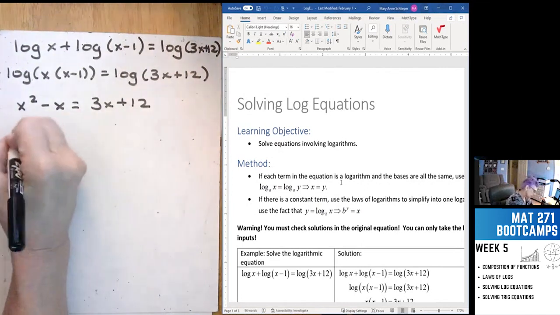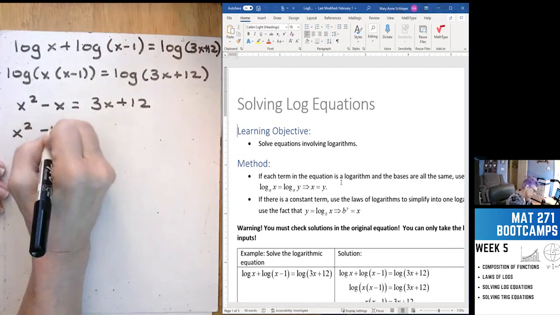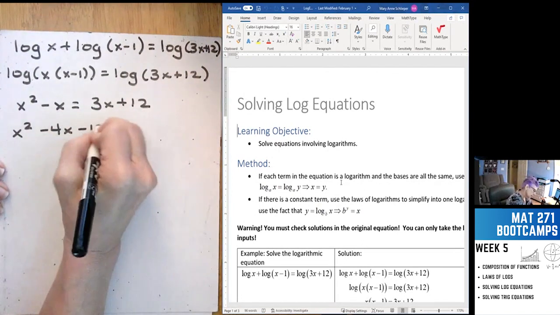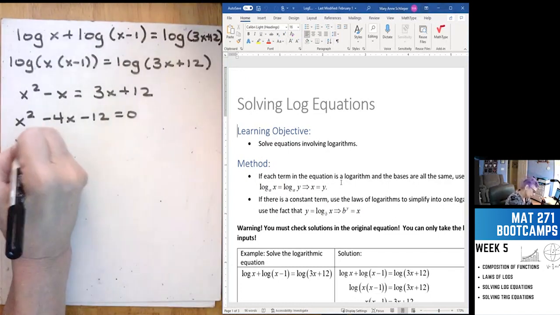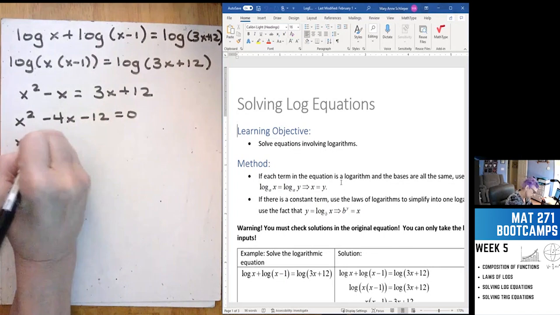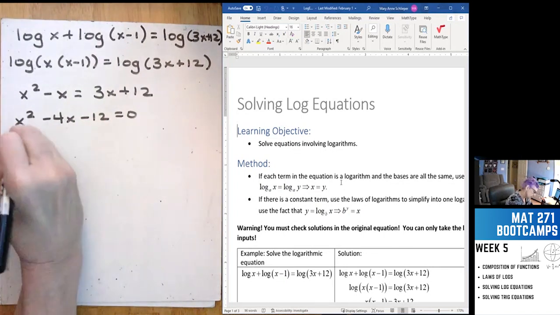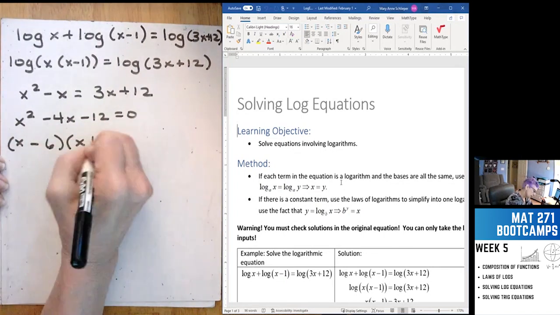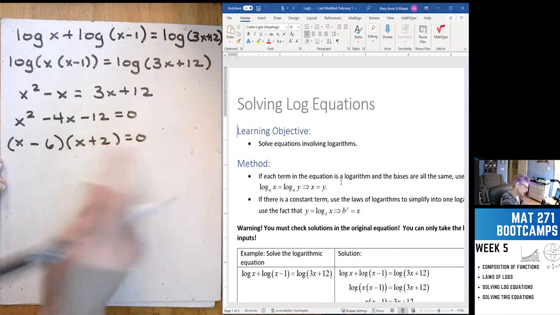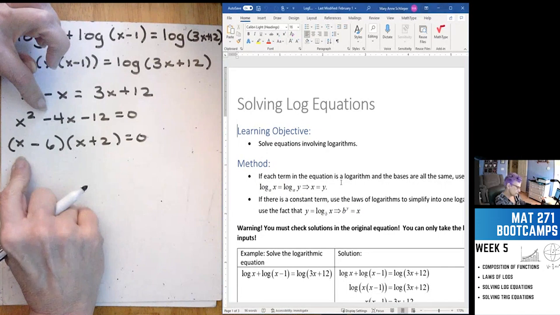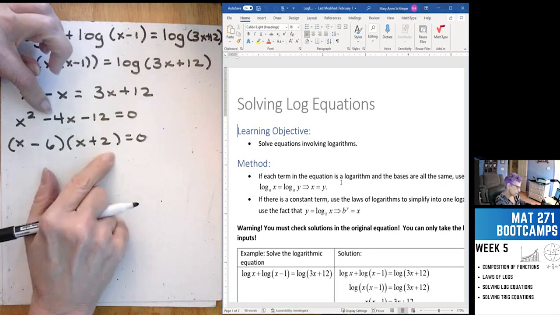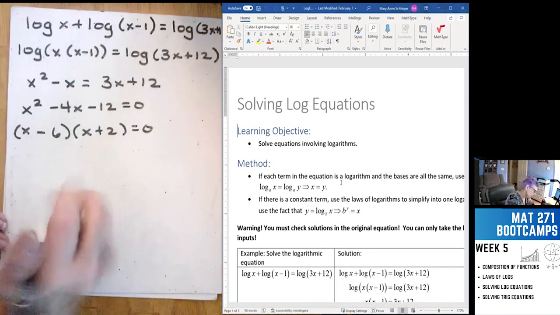I have to bring the 3x over here. Subtract 12 from each side. So I have x minus 6 times x plus 2 is 0. Let's see. Inners gives me -6, outers gives me +2, last gives me -12.